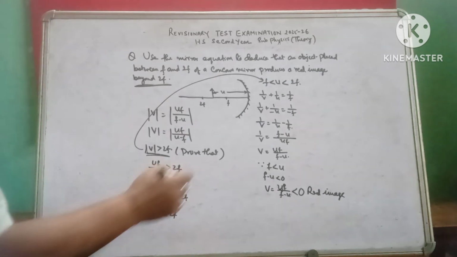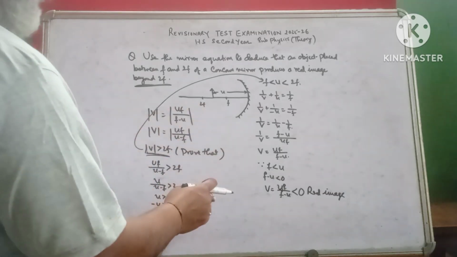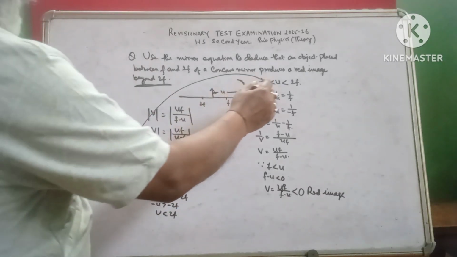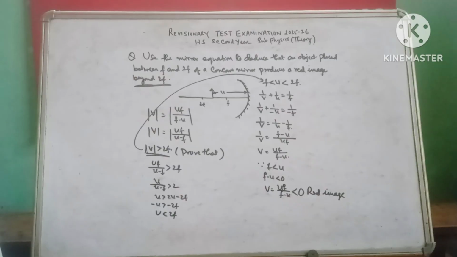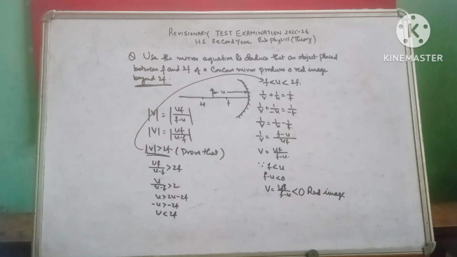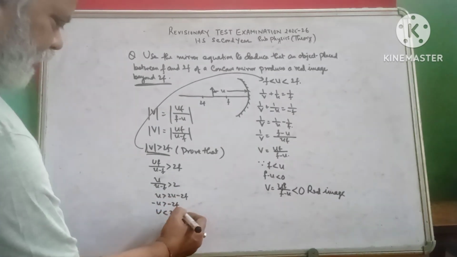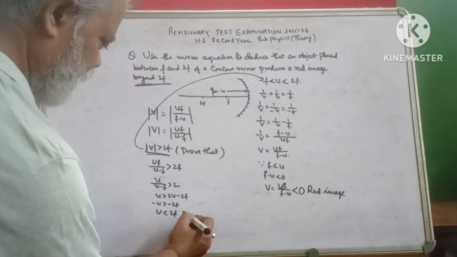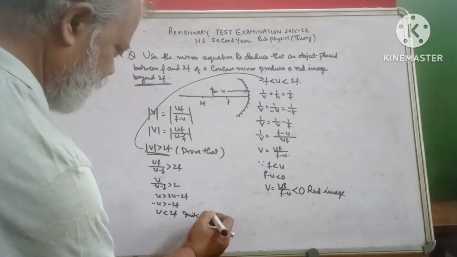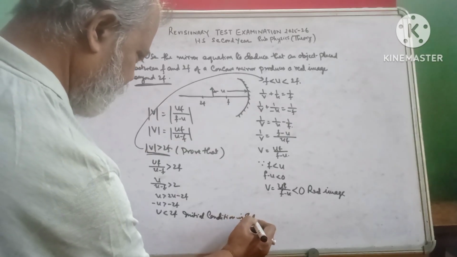So here we have shown that U is less than 2F. We know that when the object is between F and 2F, your image is beyond 2F. So here you see that our initial condition is satisfied.